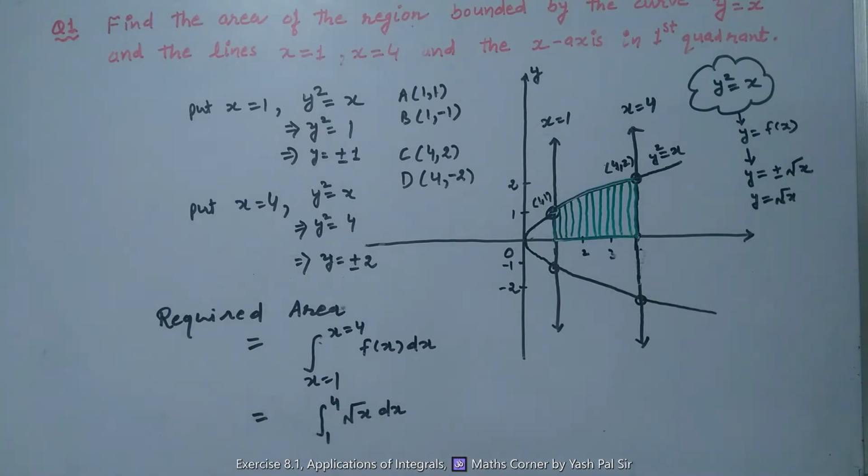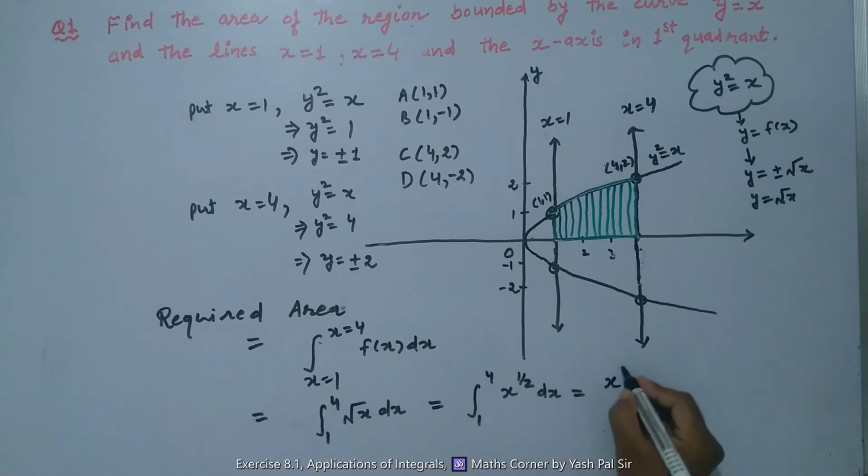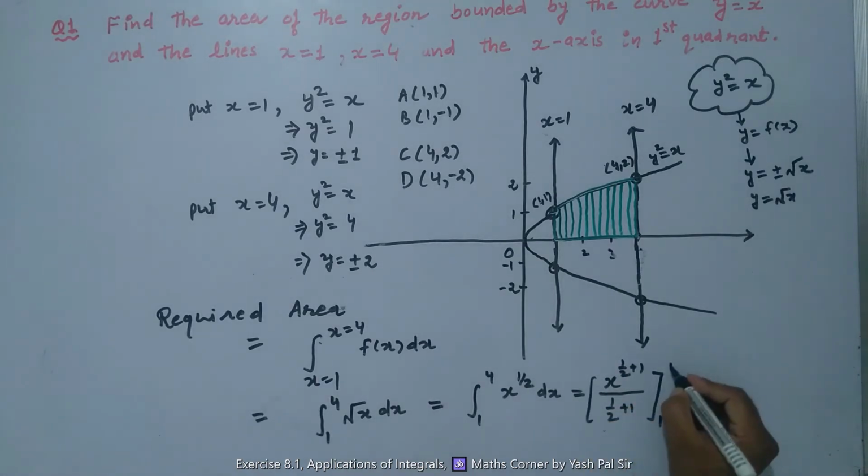Now calculating this, we have integral from 1 to 4 of x raised to power 1 upon 2 dx. That means x power 1 upon 2 plus 1 upon 1 upon 2 plus 1, limit from 1 to 4.